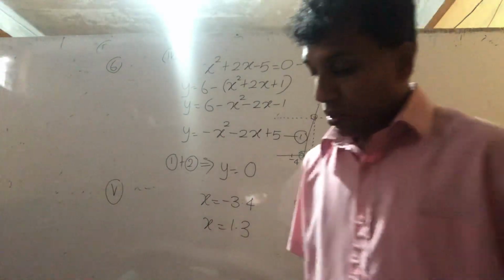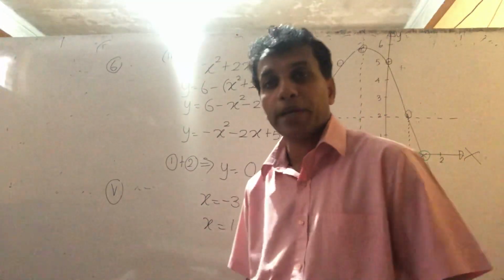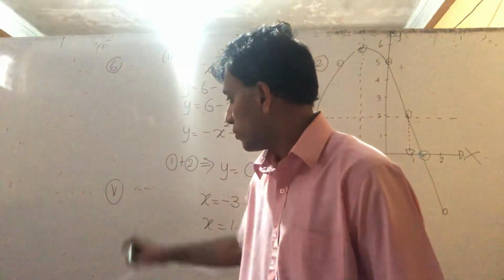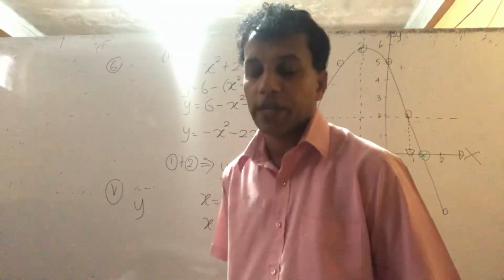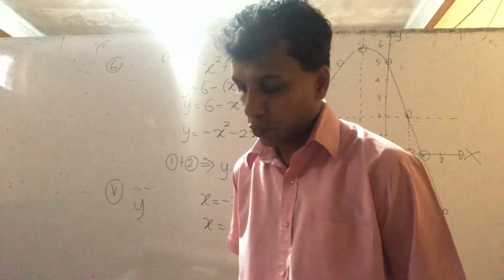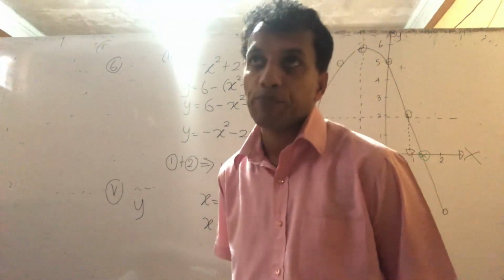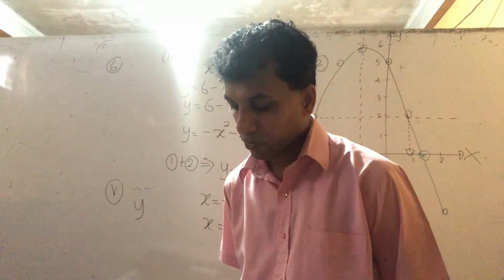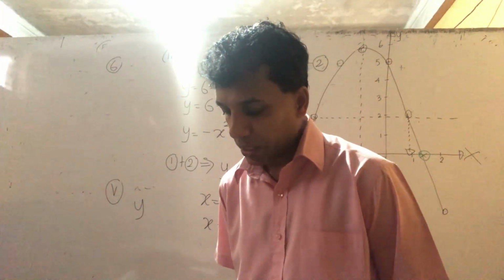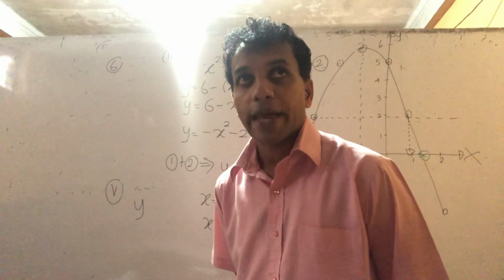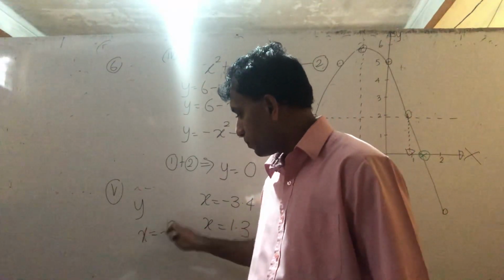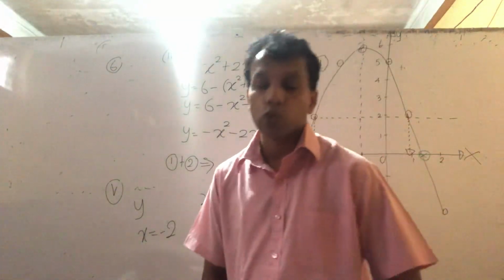Write a quadratic function y whose maximum value is 4, and the axis of symmetry of the graph is x equals minus 2.